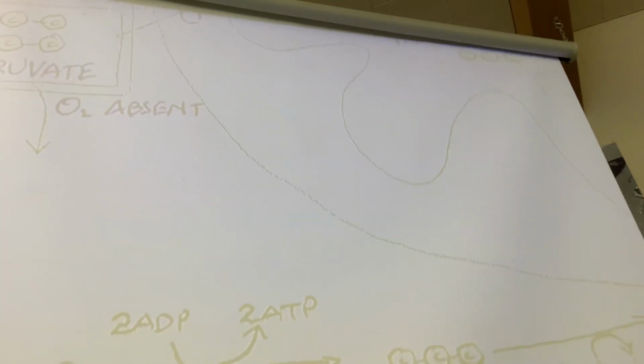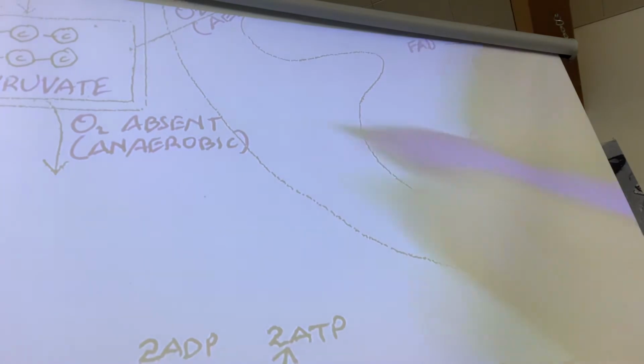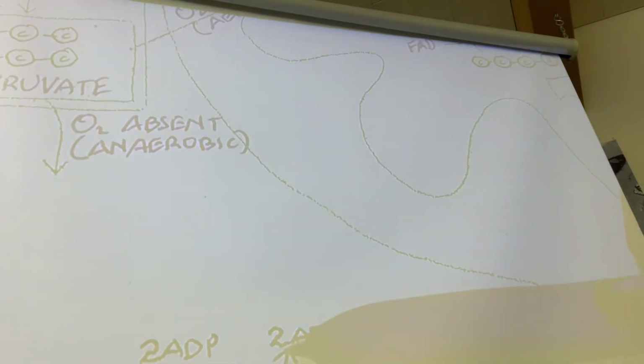If oxygen is absent, that's going to be anaerobic respiration. A-N-A-E-R-O-B-I-C. Anaerobic respiration. Now, in order to keep this going, you have to do a process that's called fermentation. So I'm going to write fermentation here.